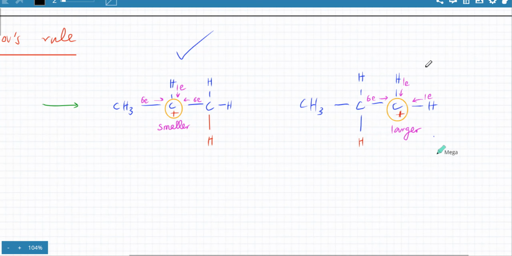The whole issue was that the carbon had such a strong positive charge that it's not going to allow the hydrogen to take those electrons, and it's going to pull them back. So the reaction wouldn't really start, or the probability of the reaction happening in this way would be lesser.